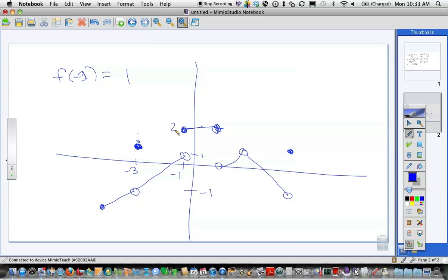Number 16, the limit as x approaches 2 from the left is 1. Number 17, as x approaches 2 from the right, right here. So from the left, it's approaching 1. From the right, it's approaching 1. Whoops, I forgot my dot down here.